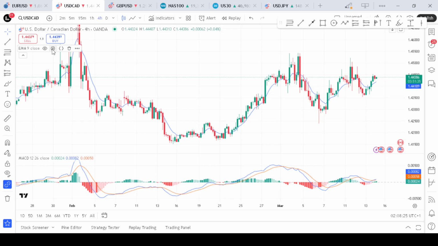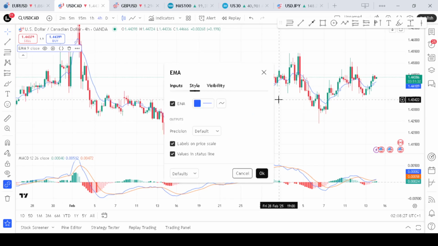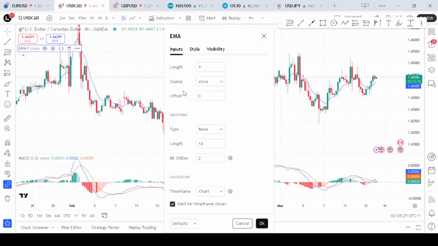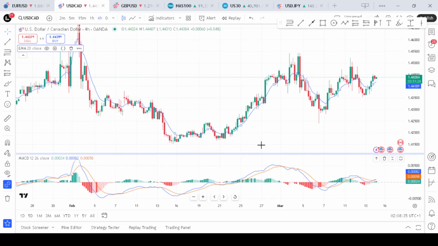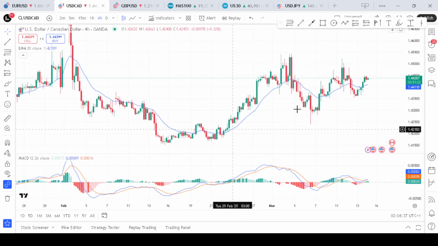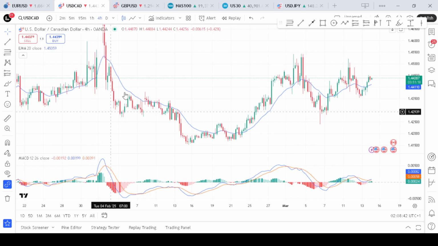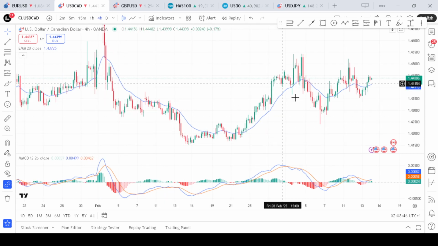Conversely, when price continuously stays below the moving average, it means we are in a downtrend. This is typically what the moving average is all about. When it stays below, we are in a downtrend, as we can see in this area. Once price is below the moving average, you are in a downtrend, and when price gets above, you are in an uptrend.